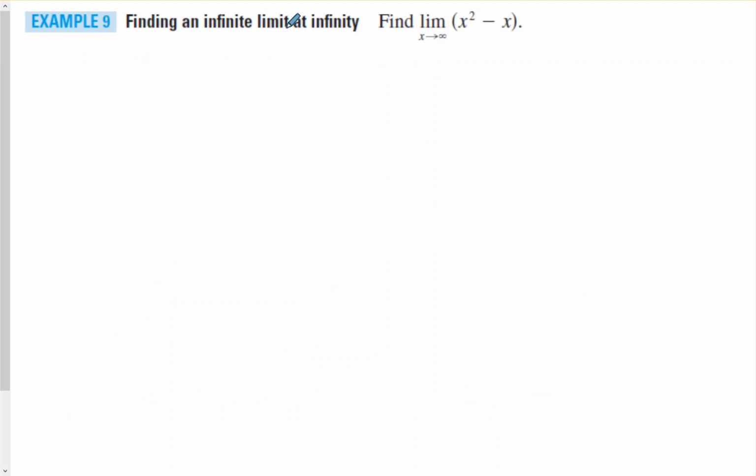Okay, find an infinite limit at infinity. Limit as x approaches infinity of x squared minus x. This is a quadratic function. You could graph it and take a look at what it becomes. You could also factor out an x.